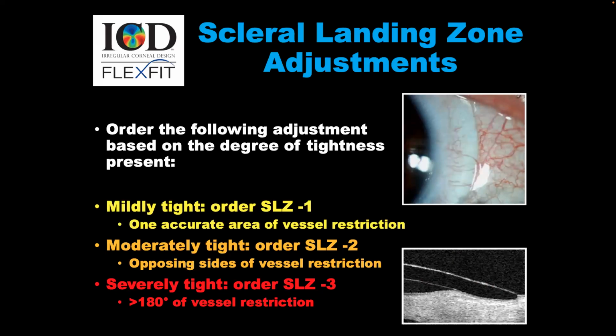So the ICD Flexfit was designed for the median scleral angle, or the middle of the bell curve in the patient population. If you place an ICD Flexfit on a patient with a flat scleral shape angle, the edge may fit tighter on the sclera, like you're seeing here.